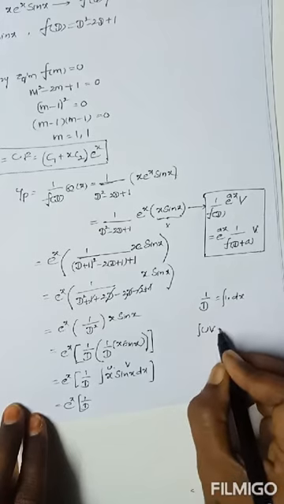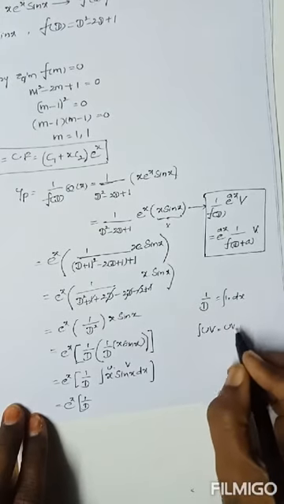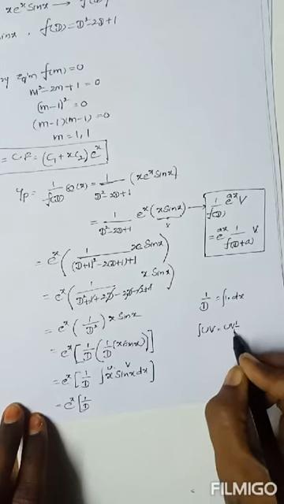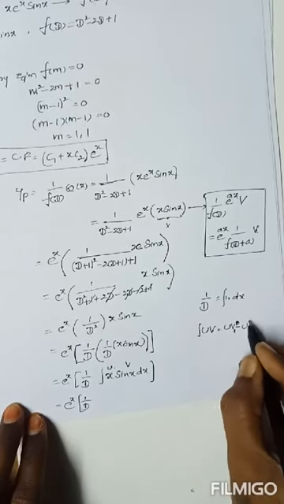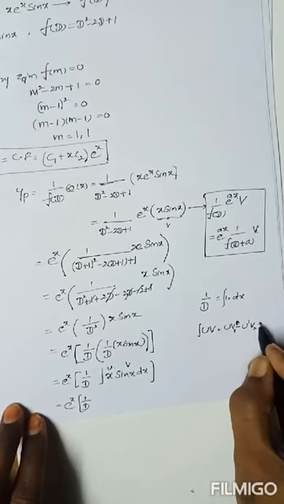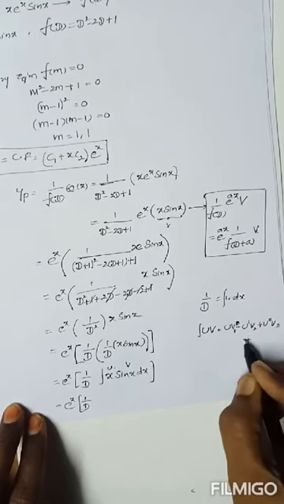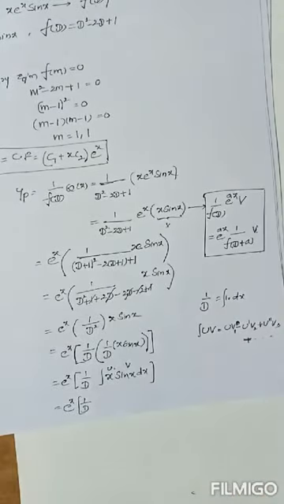The uv formula is: u v1 minus u dash v2 plus u double dash v3 and so on, with alternate signs.